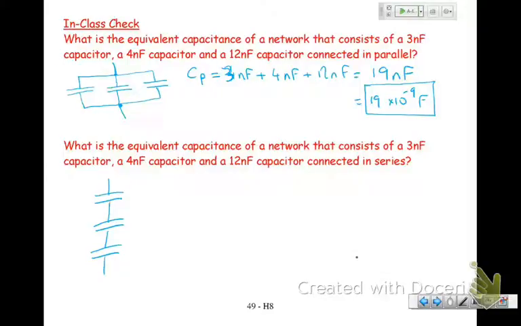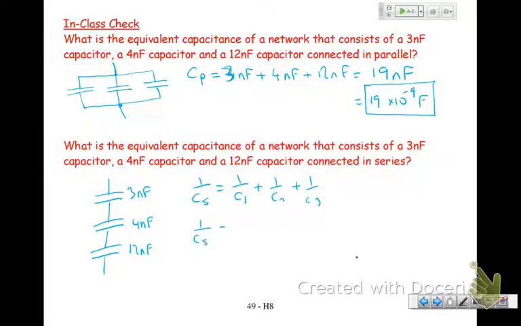They're in series when they're not in parallel. There's no in between, for any bit of the circuit anyway. So this is 3 nanofarads, 4 nanofarads, and 12 nanofarads. And so I say 1 over C series is equal to 1 over C1 plus 1 over C2 plus 1 over C3.